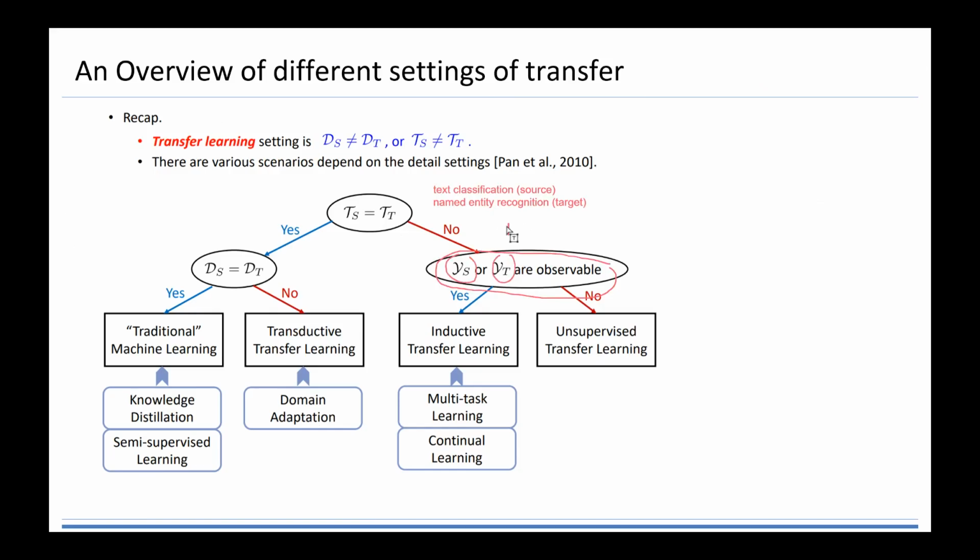We check the label in the source against the label in the target, whether they are observable or not. If it is observable, then we can do inductive transfer learning, such as multitask learning and continual learning. But if the labels are not observable, if we cannot get the label, then we can use unsupervised transfer learning.